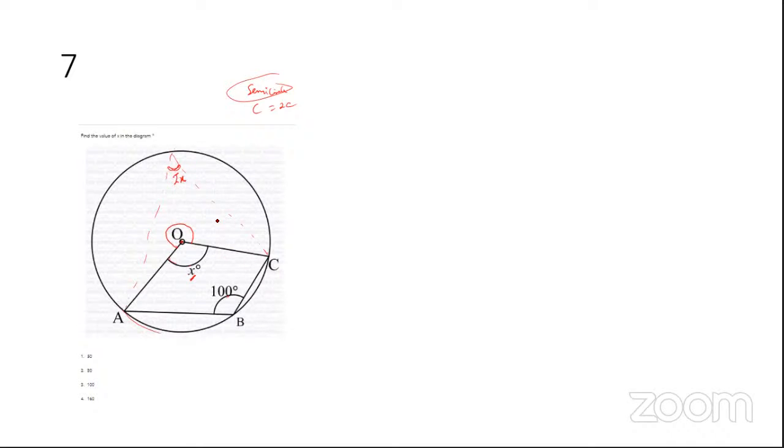Whereas this one produces 100 at the circumference, so at the center it's going to produce 2 times 100, 200. So you can just pick it that 200 plus x makes up the angle at the center, the angle at the point. So you can just pick 200 plus x equals 360, so x equals 160.